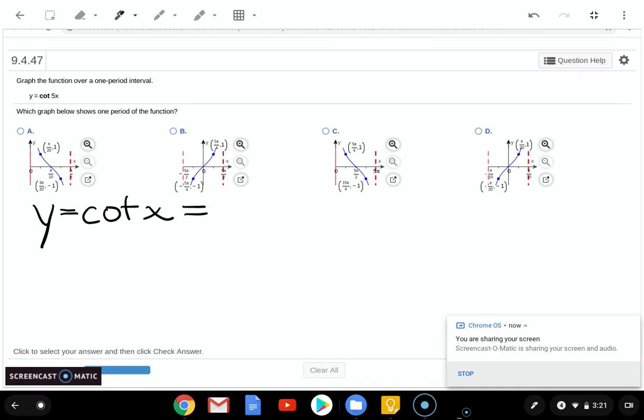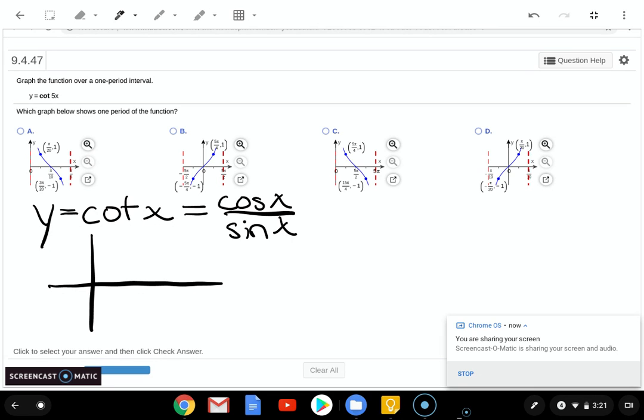well, one way that can help justify what the graph looks like is to write cotangent using one of those ratio identities. Cotangent is equal to cosine x over sine x. So the graph of y equals cotangent x has a vertical asymptote. Just generally speaking, functions have vertical asymptotes when the denominator is equal to 0.